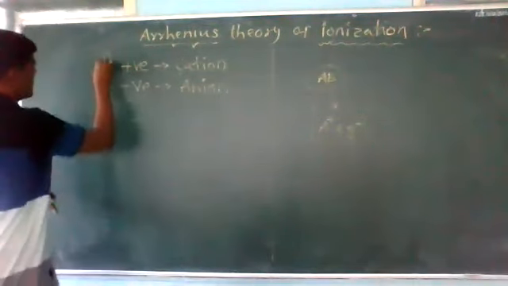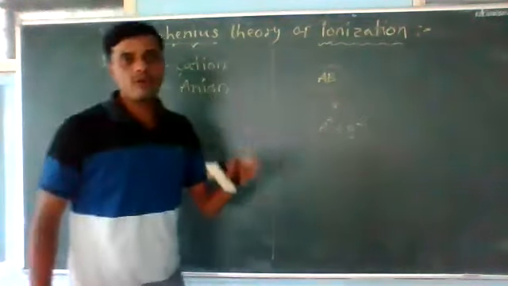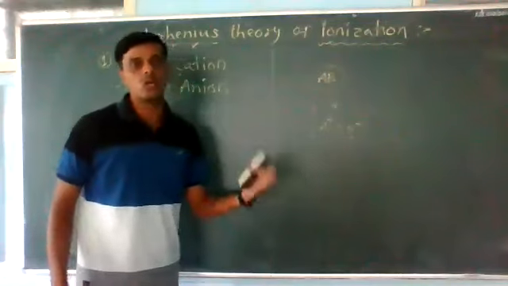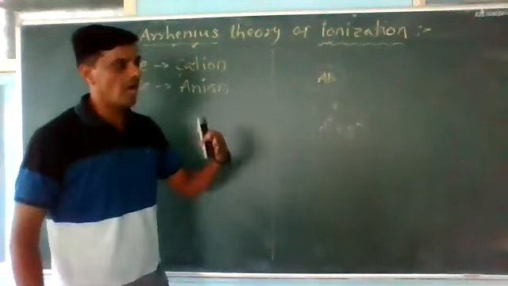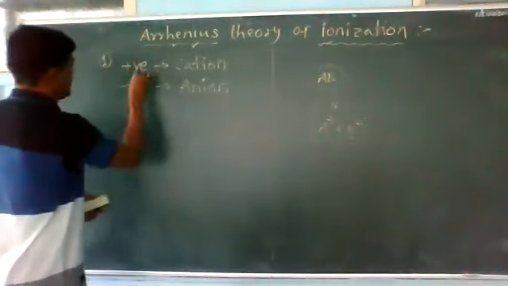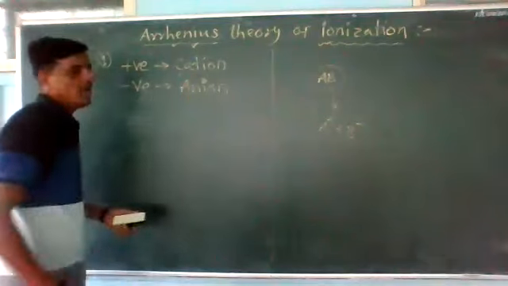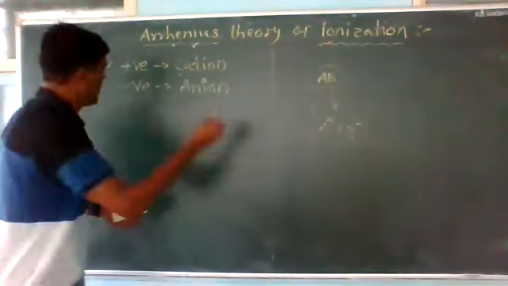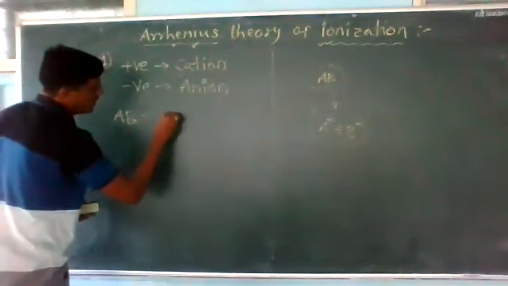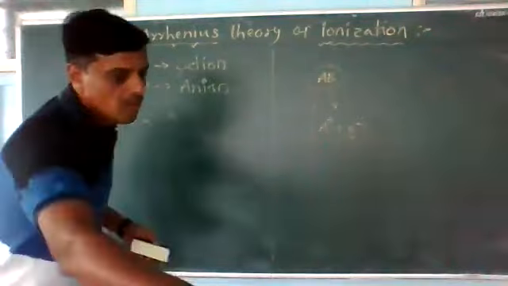Whenever a neutral electrolyte in water undergoes dissociation and forms charged particles, the positively charged ion is called a cation and the negatively charged ion is called an anion.